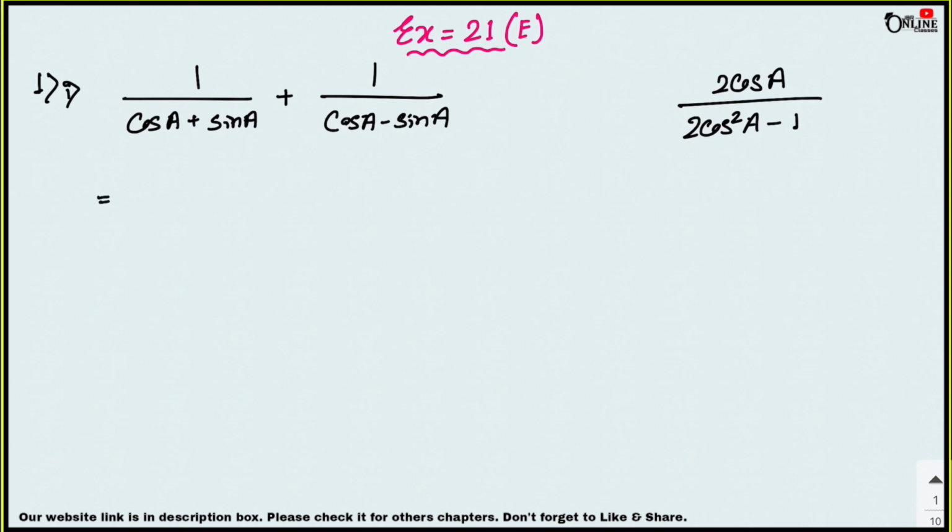Okay, so here the LCM, you have cos A plus sin A, then cos A minus sin A. So you know the formula, A plus B into A minus B is the formula of A square minus B square.